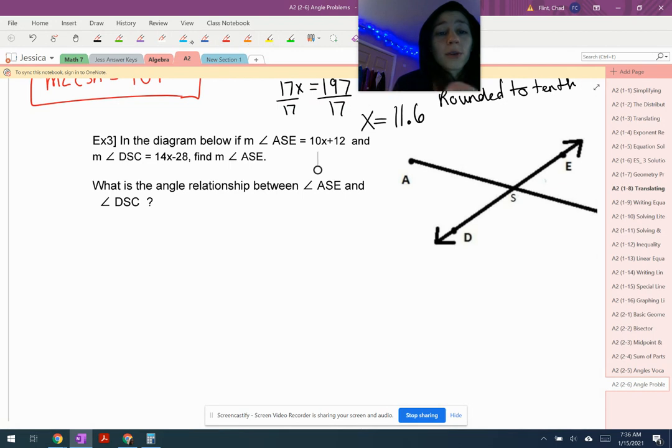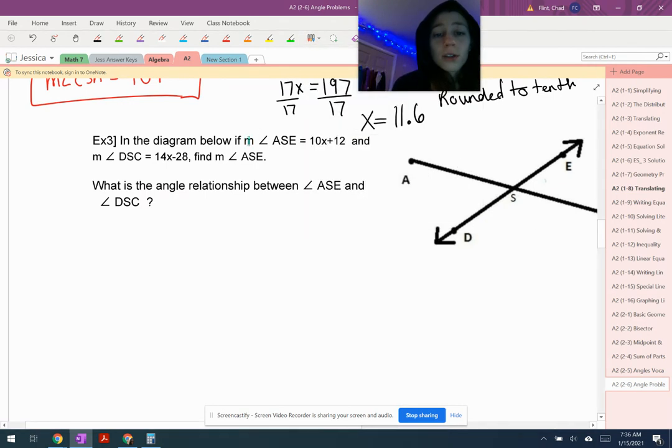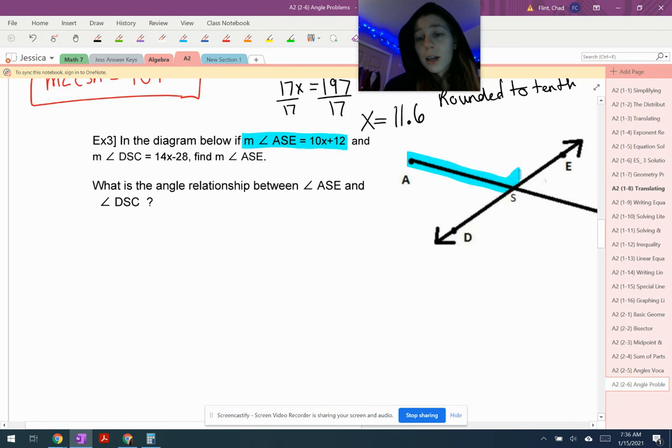Okay, so we're starting off. Let's get a different highlight color here. Let's use blue. The measure of angle ASE is 10x plus 12. So ASE, that's that angle. Find the measure of ASE.